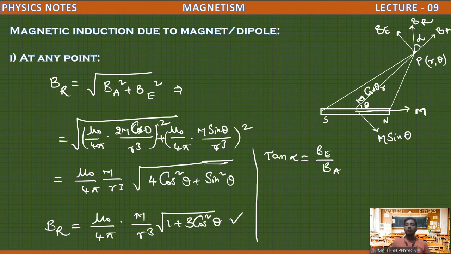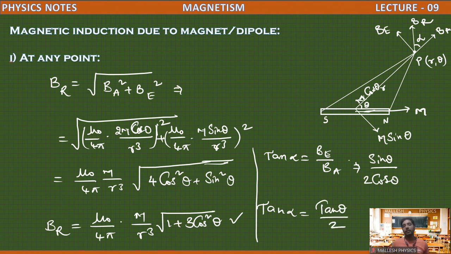So opposite BE is mu naught by 4 pi, M sin theta by r cube, and everything cancels except sin theta by 2 cos theta. So sin theta by cos theta is tan theta, giving tan theta by 2. So tan alpha is equal to tan theta by 2. This is the direction of the resultant magnetic field at any point.